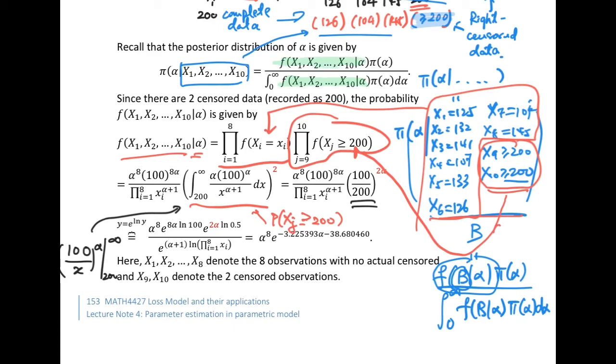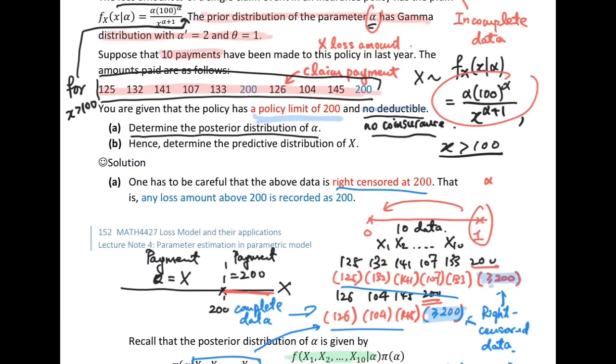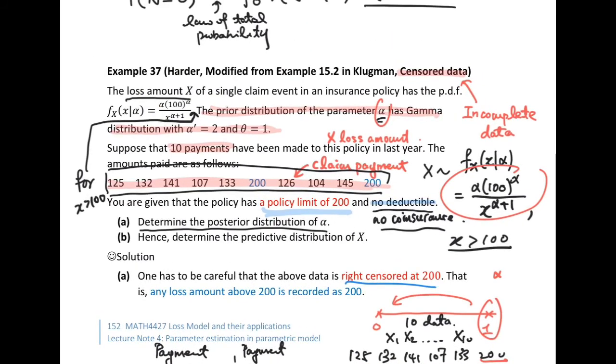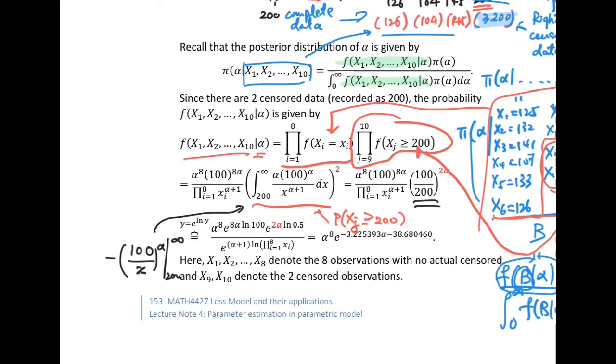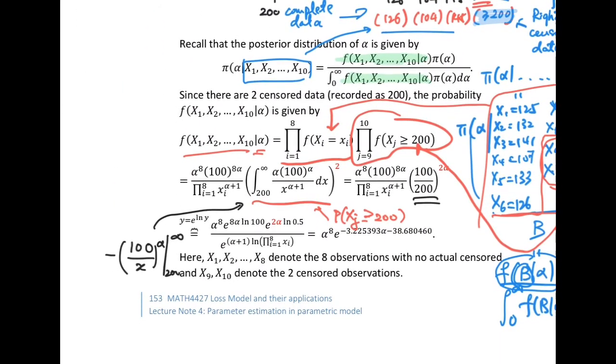Of course, for the prior distribution of alpha, we know it follows the gamma distribution with alpha equal to 2, theta equal to 1. Of course you can also get it as well. So pi of alpha will be equal to alpha over theta to the power alpha prime.